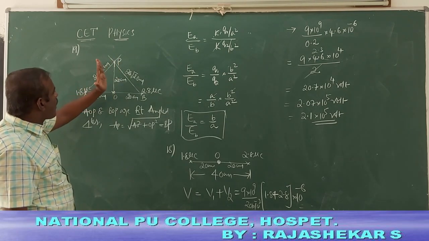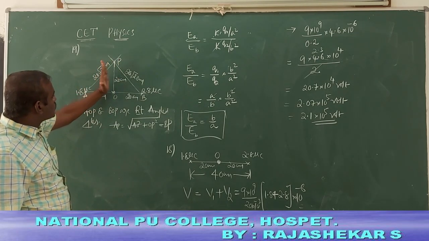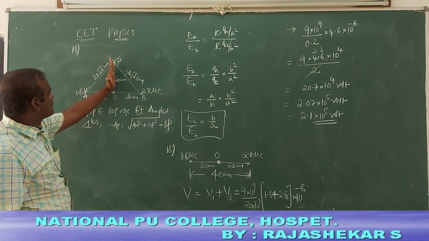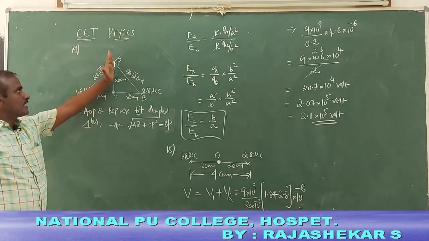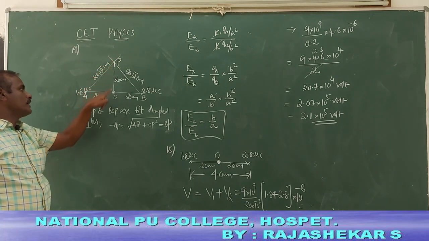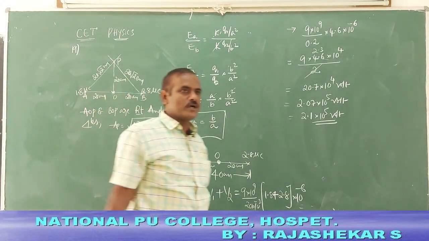So along the plane normal to the line, this is the plane normal to the line. In fact, this is the point 20 centimeter from the midpoint of the line joining the charges.